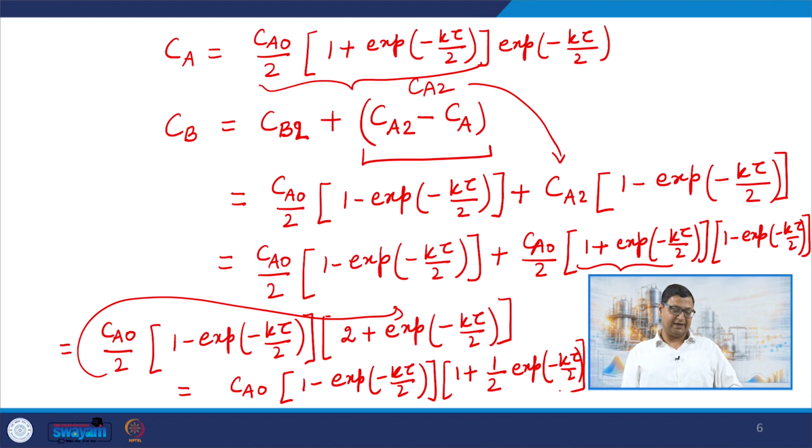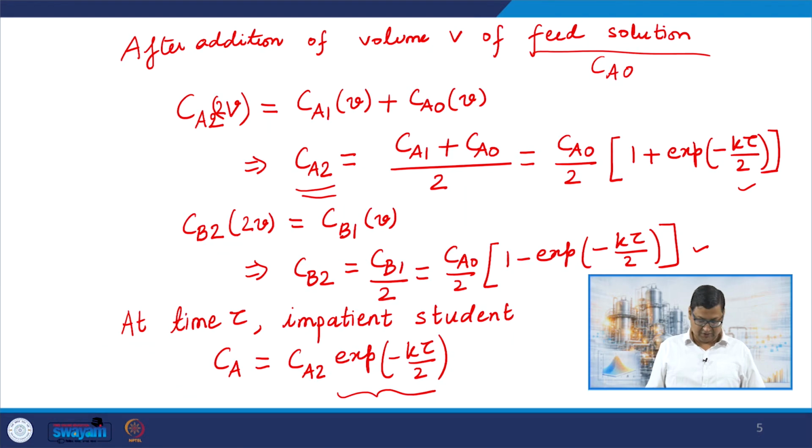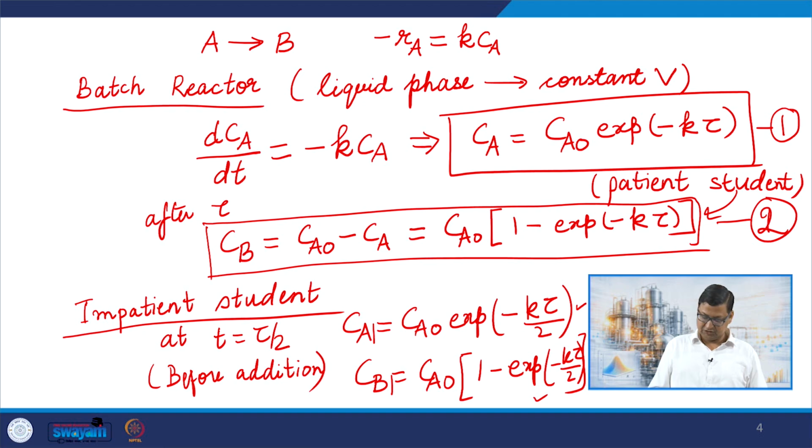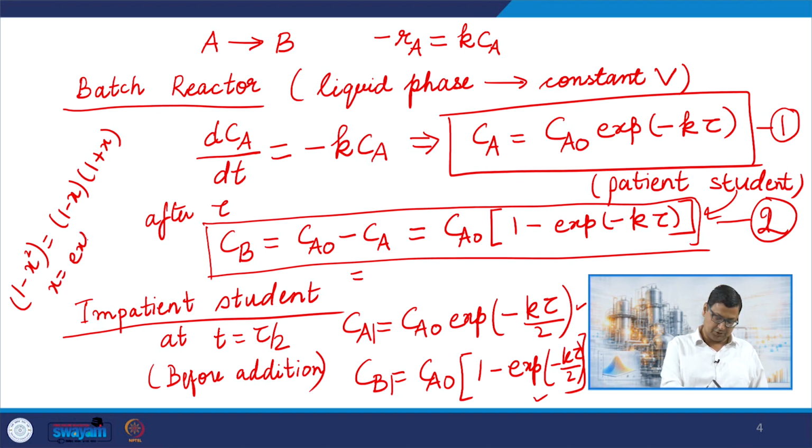So, now I can compare this with the case of the impatient student by factorizing whatever we have obtained here for the case of B. So, I will try to factorize this expression in equation 2 here, and I can do that by using the relation 1 minus x square is equal to 1 minus x into 1 plus x, and in this case x is equal to exponential of minus k tau by 2.